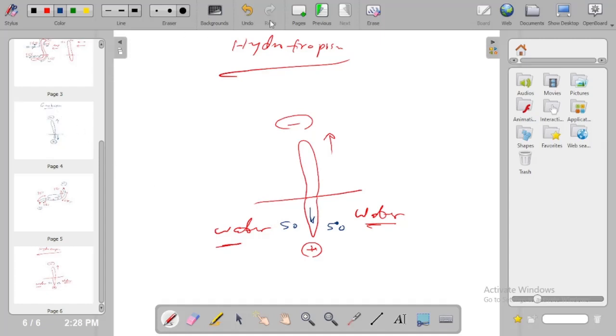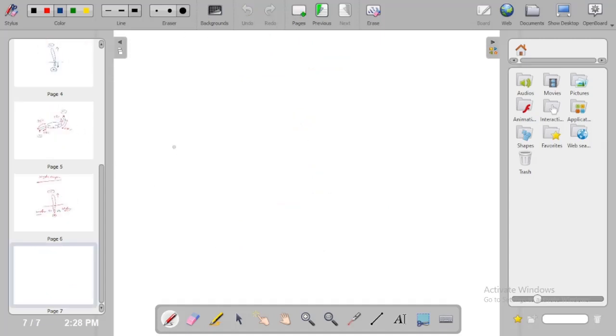So what happens if we have a root? This is a stem, and this is the root, and we put water on one side in the soil. There is water on this side, but there is no water on the other side.